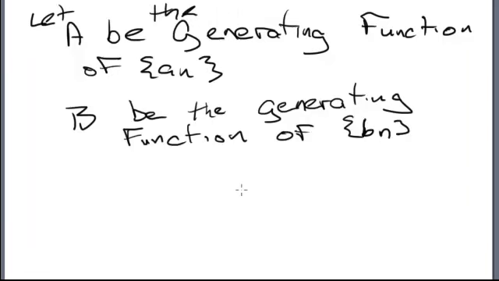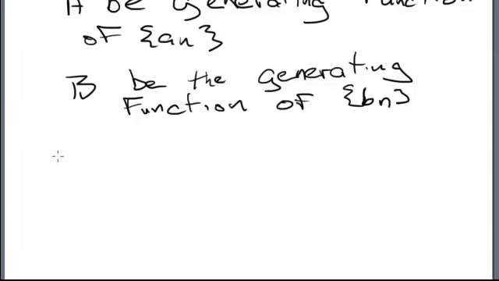From the hypothesis we know that the product AB has a multiplicative inverse, which means there's some sequence whose generating function we'll call C, such that the product of AB with C is equal to 1. That's what it means for AB to have a multiplicative inverse.